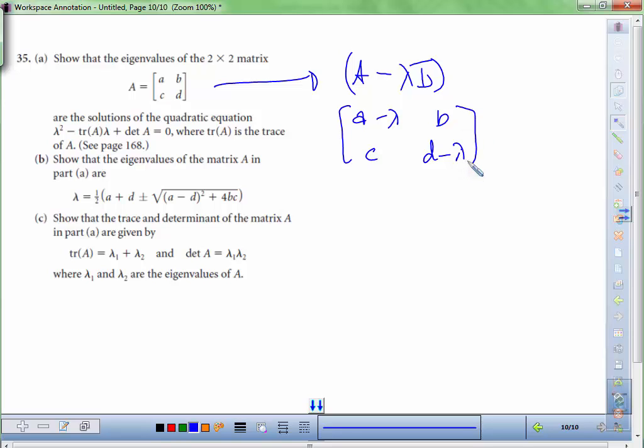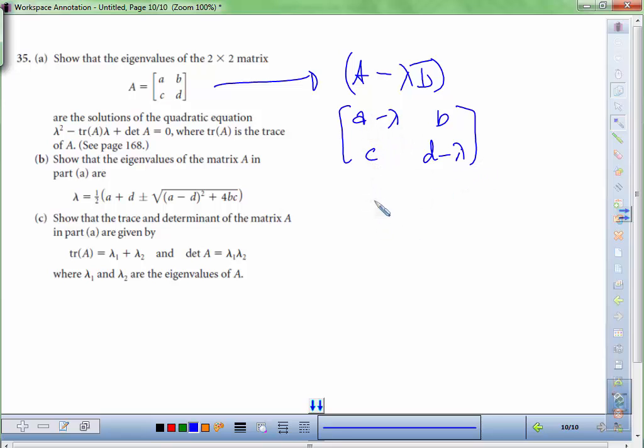Remember, if you want this to be an eigenvalue, we need the determinant to be equal to 0, so that will ensure that there's no inverse. If there was an inverse, then the null space would just be 0, 0. So we want the determinant to be 0.